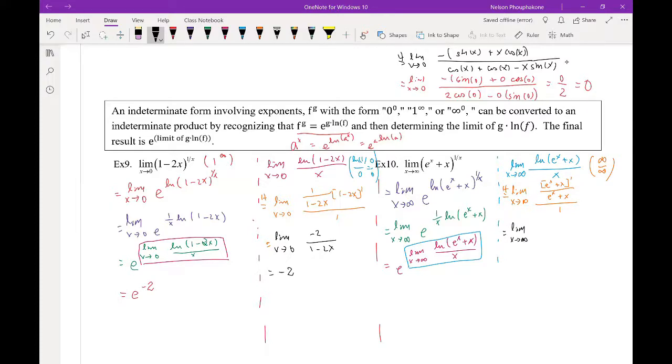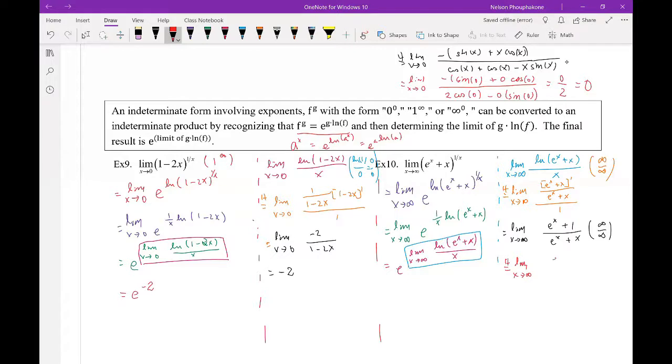So the derivative of e to the x plus x is e to the x plus 1, over e to the x plus x. And of course, now we still have infinity over infinity. So we apply another L'Hopital rule.